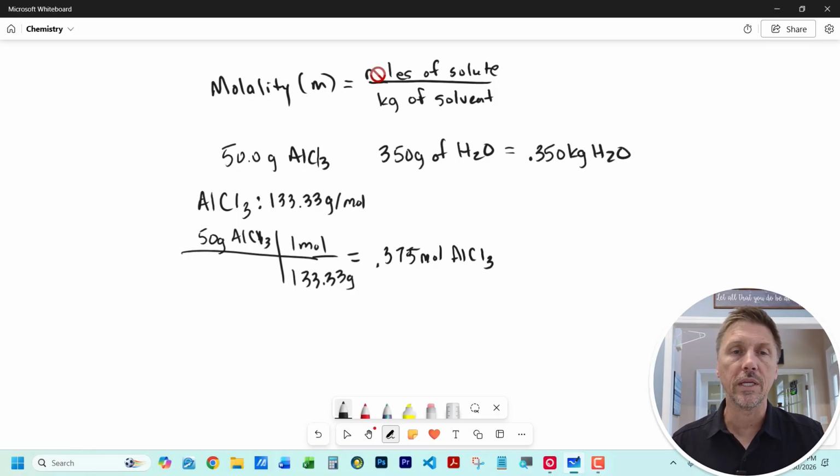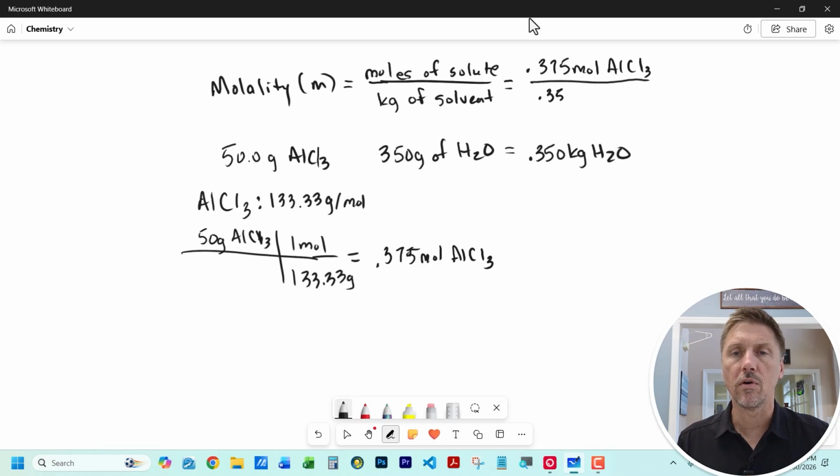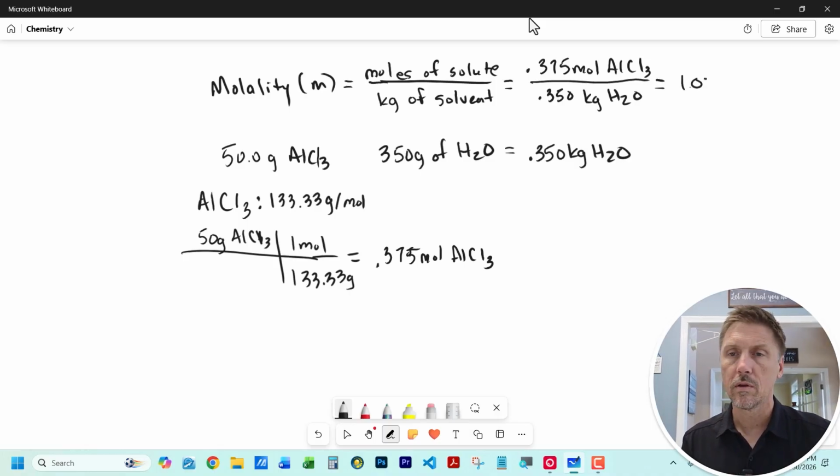And so now we have what we need to plug into our molality equation right here. Moles of solute is 0.375 moles of AlCl3, divided by 0.350 kilograms of H2O. And that's going to give us finally a value of 1.07.